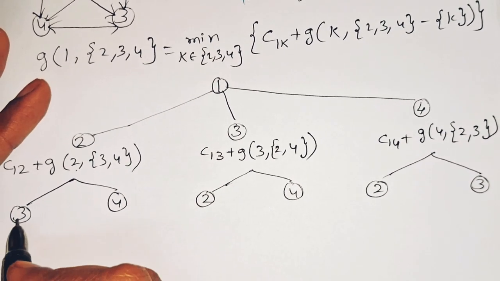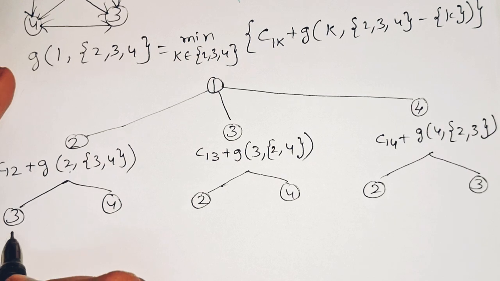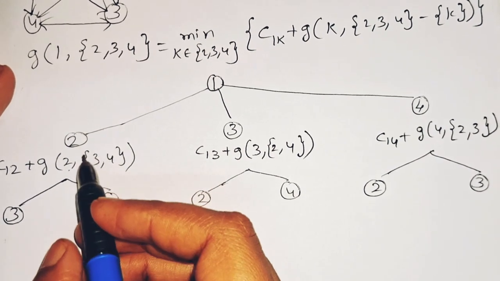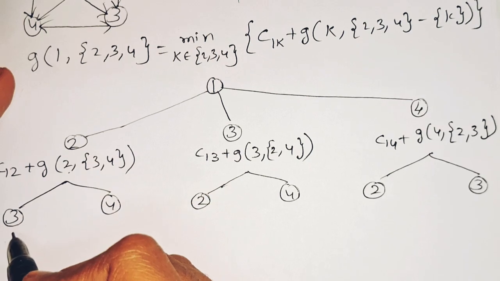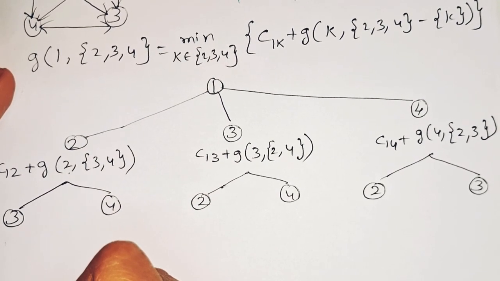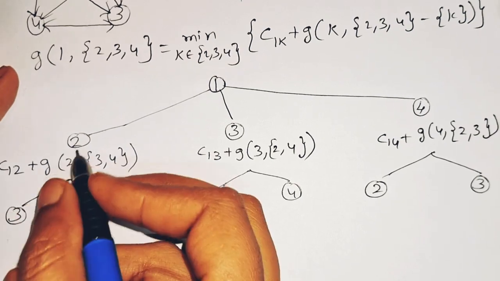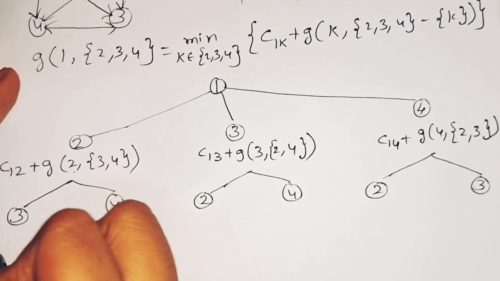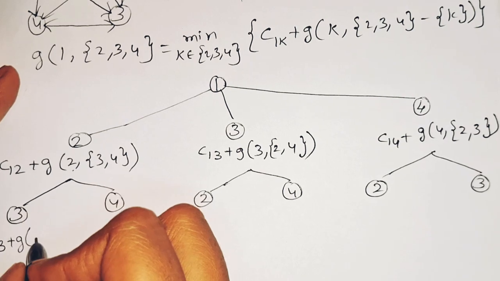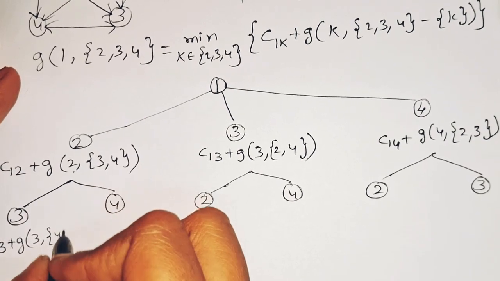Now from 3 we will check here. So we have started from 2 and reached 3. From 3 we can travel to 4, right? So that is C of 2 to 3. So we have traveled from 2 to 3. Next, from 3 the next possible node is 4.